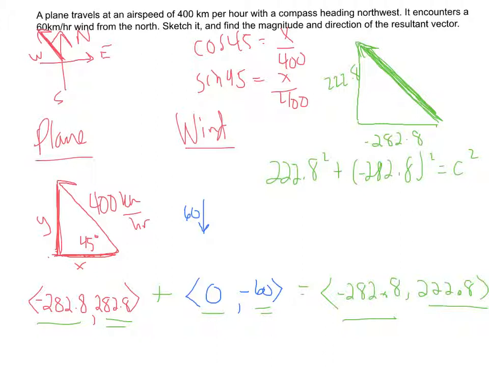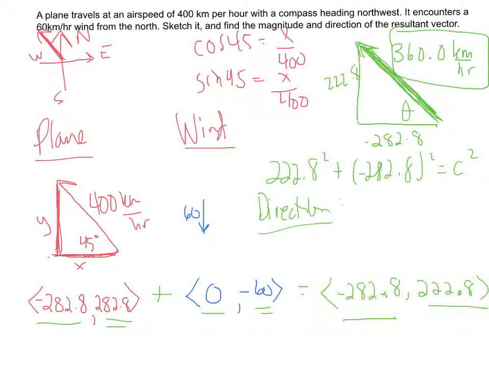And when I do that, I get 360.0 kilometers per hour for our magnitude. So that's going to be our magnitude, 360.0 kilometers per hour, and for our direction, we're going to find this angle, and so I'm going to do tangent inverse of 222.8 over 282.8.